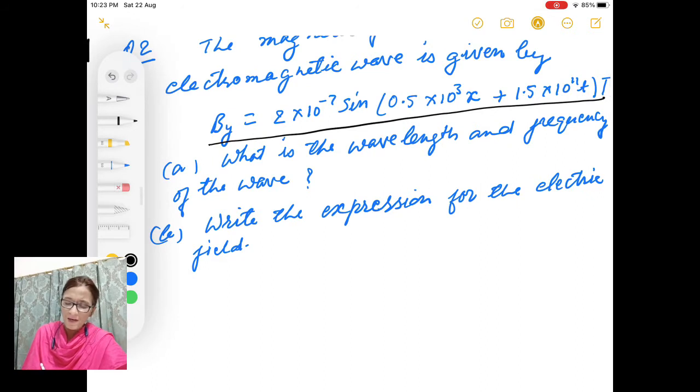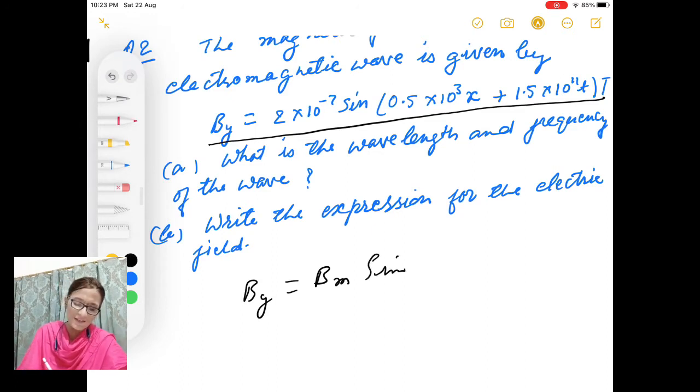So I'll first write the standard equation of an EM wave in terms of magnetic field. This is equal to the magnetic field amplitude times sine, and here you can see it is written as some number into x plus some number into t.